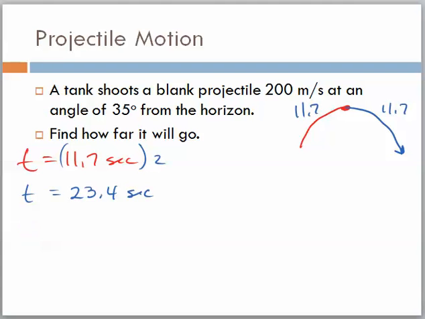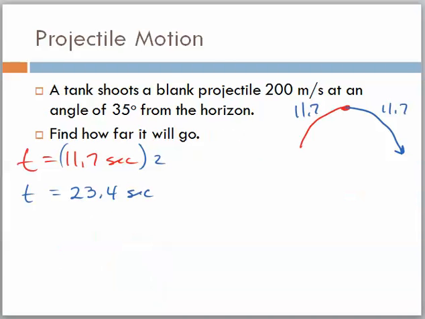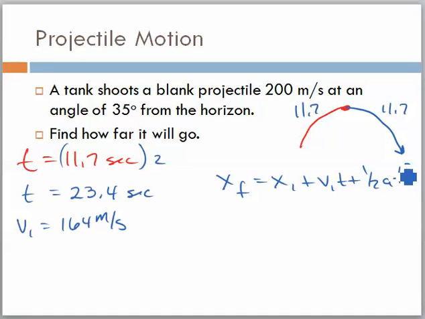If you remember back to our very first slide, we said that the speed in the x direction was 164 meters per second. The nice thing about this is its initial velocity is 164 meters per second in the x direction, and its velocity isn't going to change. So if I want to find the distance, it becomes a very quick equation: xf equals xi plus vit plus 1/2 at squared.